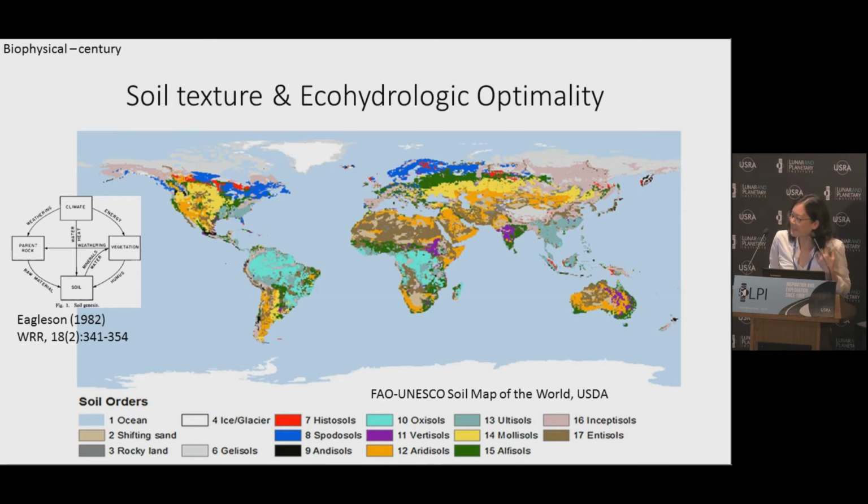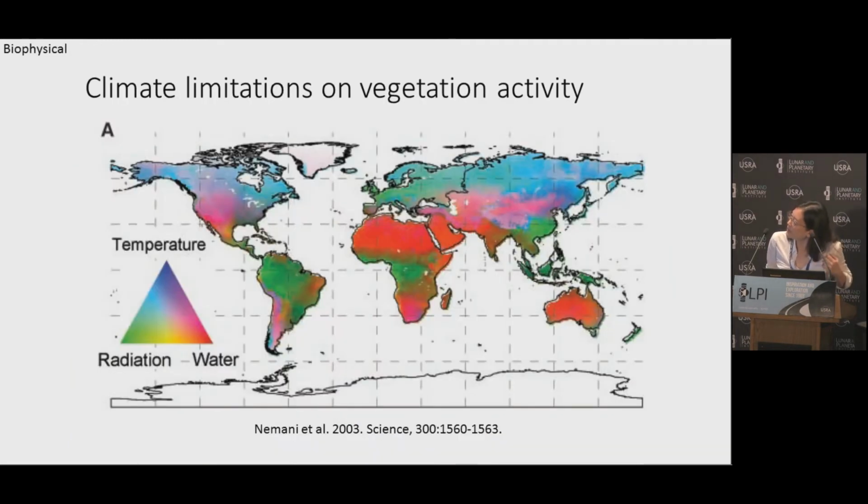But you can see, if you're familiar with vegetation maps, that these soil maps very much map with the vegetation. So all these physical limitations then map out as limitations of vegetation activity.